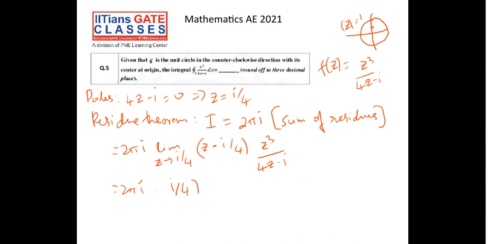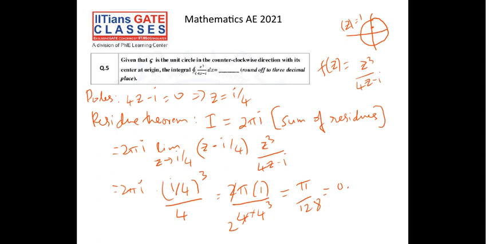this 2 pi I into I by 4, the whole cube, whole divided by 4. So simplifying this further, we get 2 pi I into I cube gives us I raised to 4, which is 1. So divided by 4 into 4 cube.